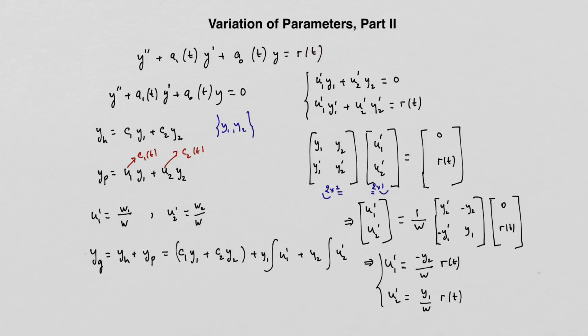But what we're going to work on is what happens when these functions are not the typical ones, not constants. So let's say you have t here, or natural log of t here. What do we do with those types of ODEs? We're going to have to use power series then. So that will hopefully allow us to conclude the variation of parameters discussion, and that would be part 3.